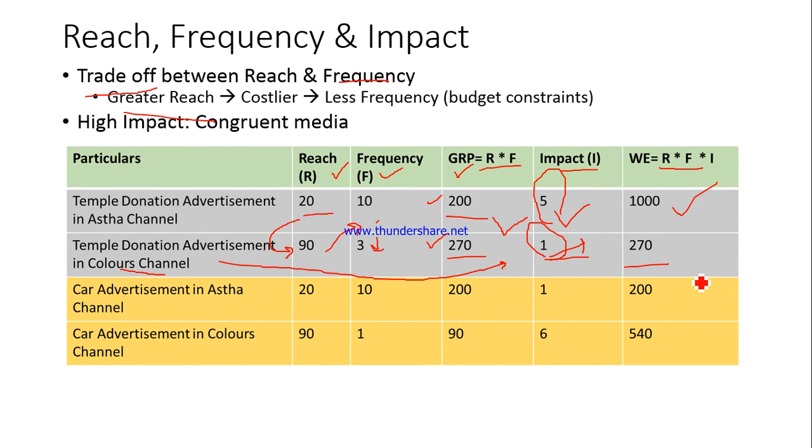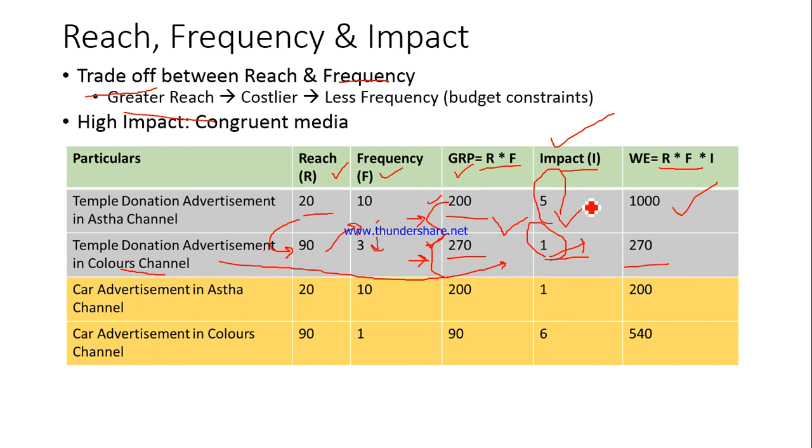What I'm trying to tell you, that first thing is that impact is very, very important, right? If you see the GRP, the gross rating points here, there was not a very significant difference between these two when we were showing our ad on Astha and when we were showing our ad on colors.